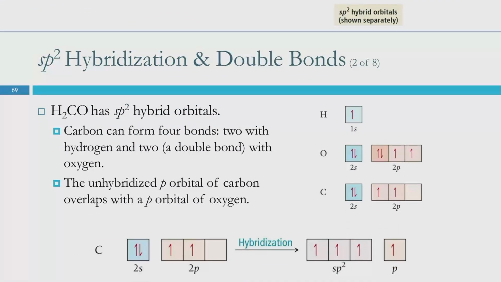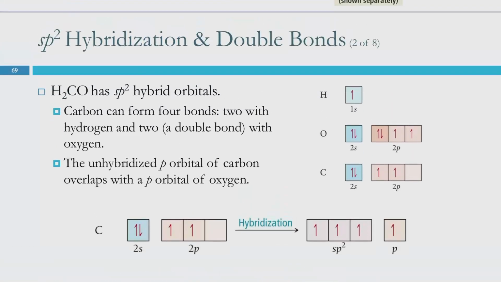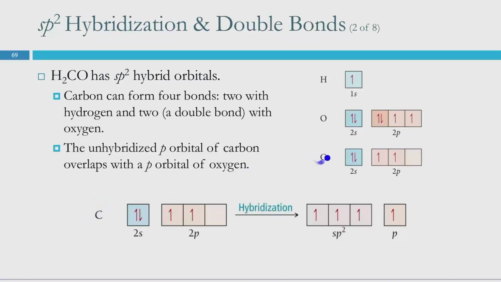If we look at something like H2CO, which we've done the Lewis structure of before, we've got carbon, oxygen, hydrogen. Our carbon hybridizes to form the 3 sp2 and the 1 p that's unhybridized, that's left alone.